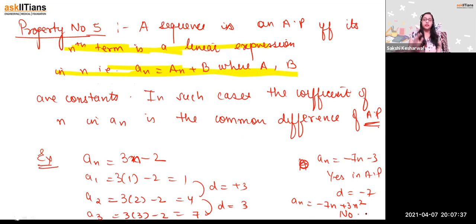So basically, if any expression is a linear expression, like 2x plus 3 or 5y plus something, then we say that the sequence is an AP. Now let's come to the next topic.